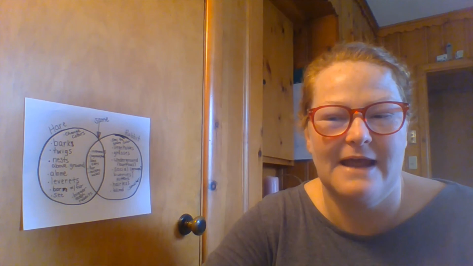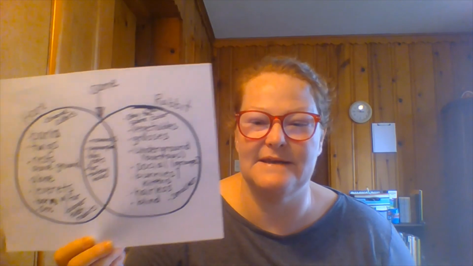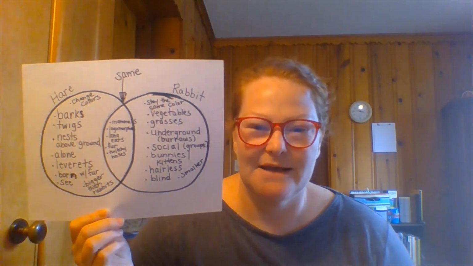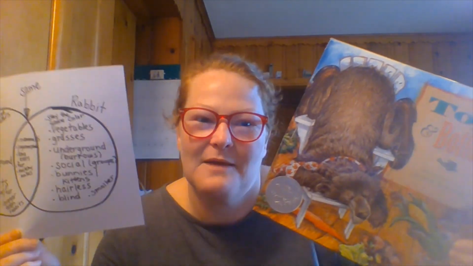All right, now we have to have a discussion. So here's our discussion. We've read Tops and Bottoms, and we know that this character was called Hare. But after I completed my Venn diagram and read my text about what's the difference between rabbits and hares, I don't think we should have called it Bear and Hare, even though that's kind of a cool rhyming name.